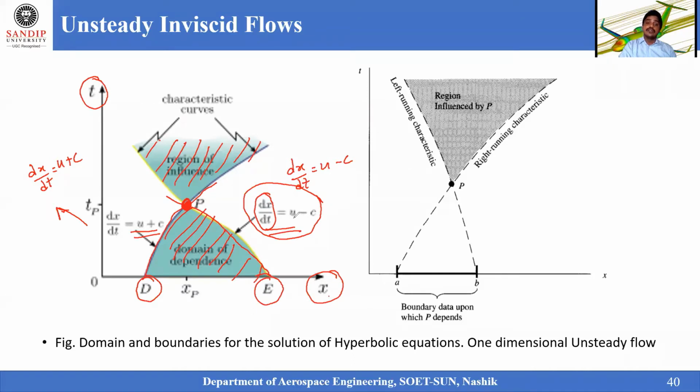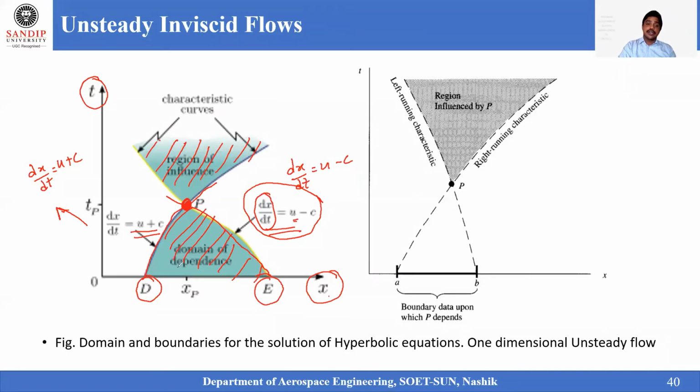When I have drawn the characteristic lines, u minus c and u plus c, where u is the velocity of that particular characteristic curve, the yellow line and the blue line intersect at the point P, which is influencing that region.